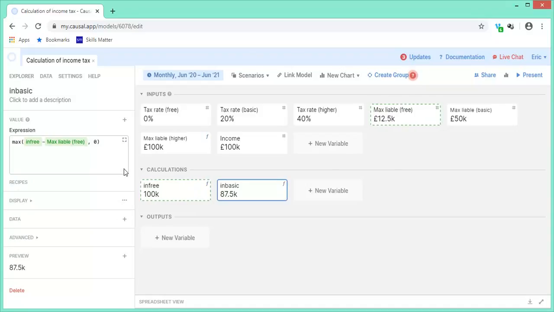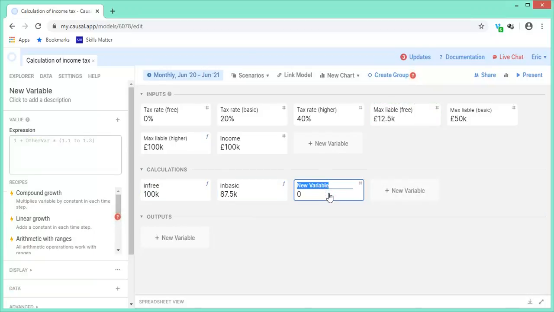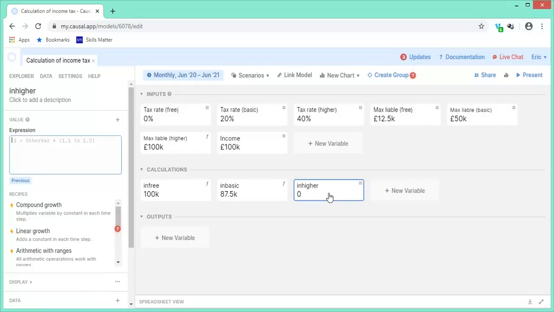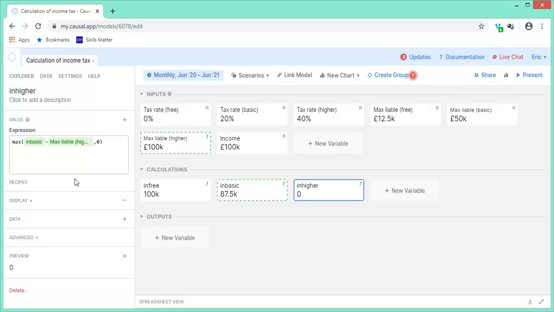Okay, so then how much will be considered for the higher band? Well, we know the pattern by now. We'll call that in higher, and it's going to be however much was considered for the basic, take away the maximum for the higher band, and then remembering of course that this expression can be negative, so we do maximum and 0.